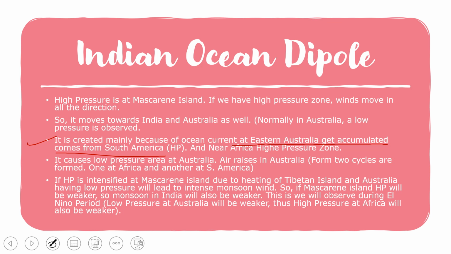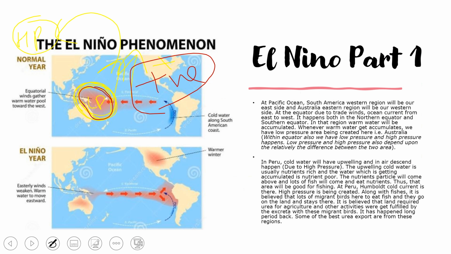Okay, now this part: it causes a low pressure area at Australia and air rises in Australia, and when air starts rising in Australia, it will form two cycles, one at Africa and one at South America. How? We will see.